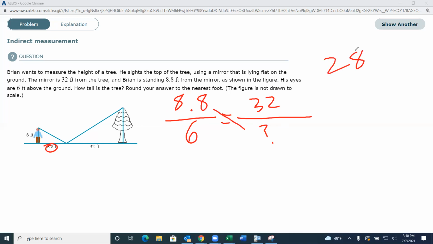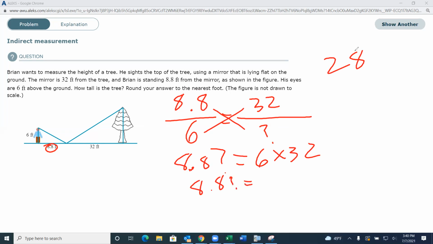Let's find out. So we're going to cross multiply and go 8.8 times the question mark, and then 6 times 32. And let's see, 192. Okay, time to do my calculator thing. Whoops, wrong button. And I get, well, I wasn't as close as I had hoped.